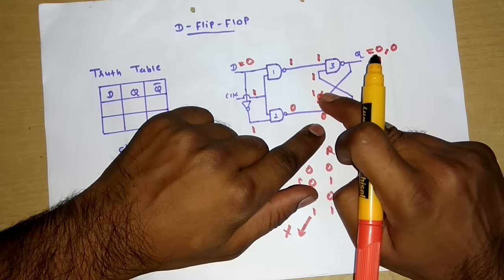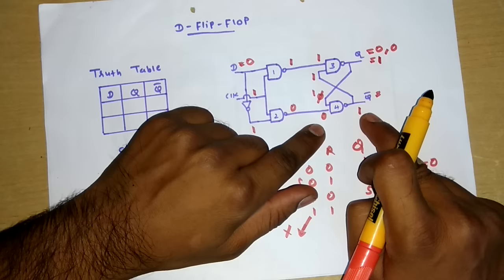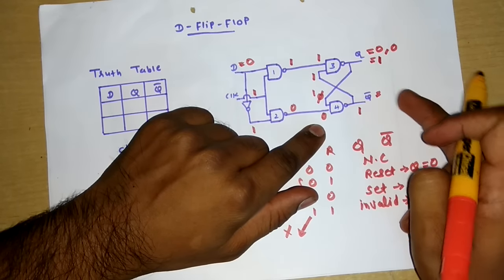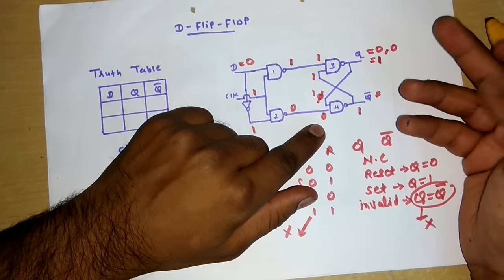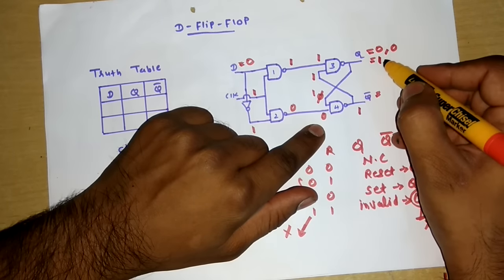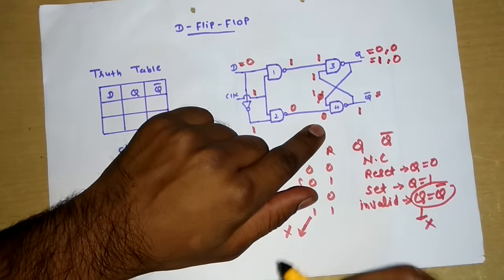You do not need to bother about what is your other input. So always your Q bar will be 1. So if your Q bar is 1, by default your Q becomes 0. You don't need to check the conditions. If your Q bar is 1, obviously your Q should be 0. So if you assume your present state is 1, then also your next state becomes 0.